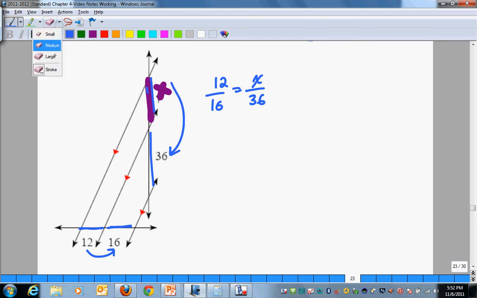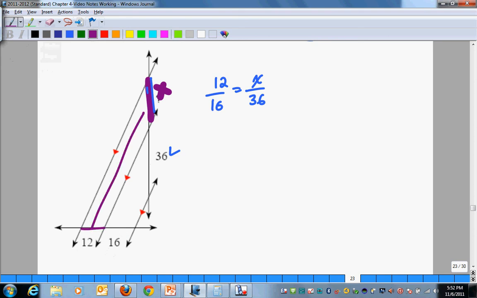This would also work. Again, trace with me, please. 12 over x equals 16 over 36. Went bottom top that way. That also works.